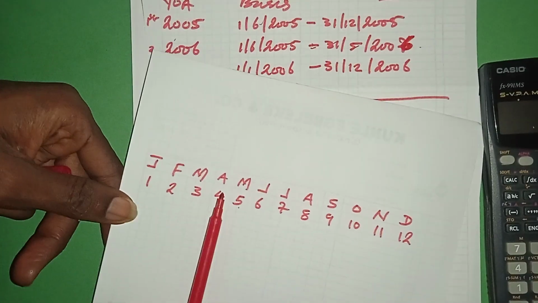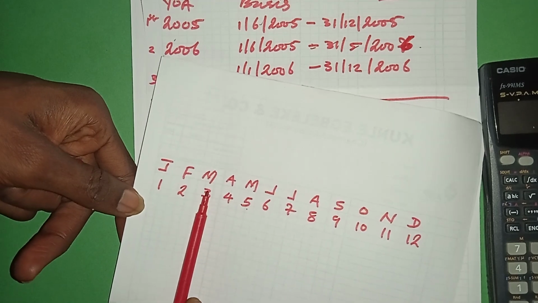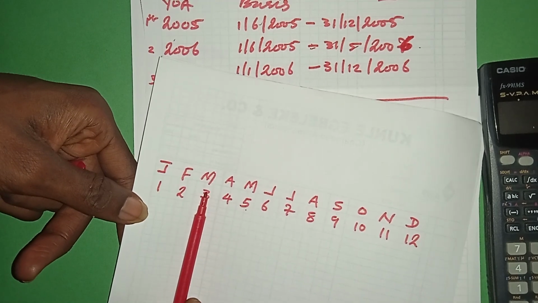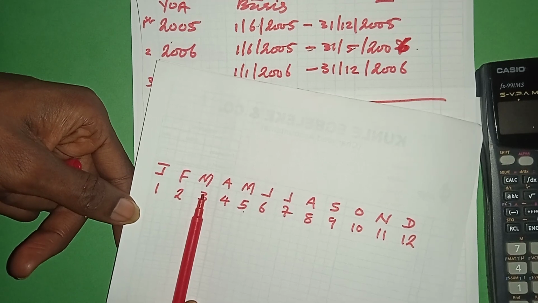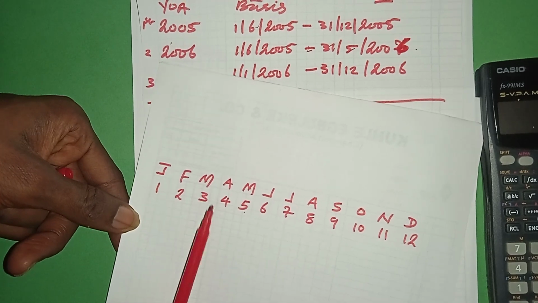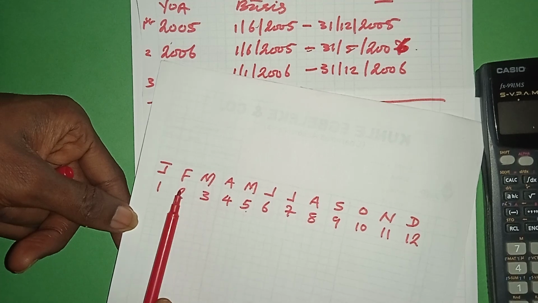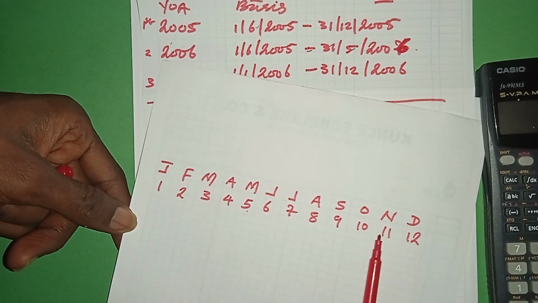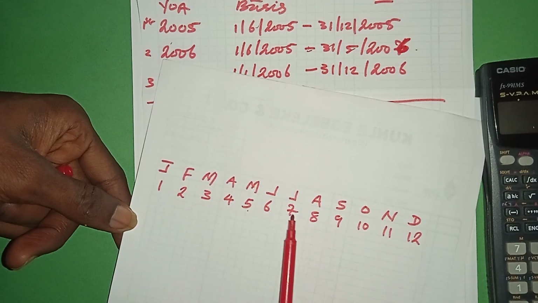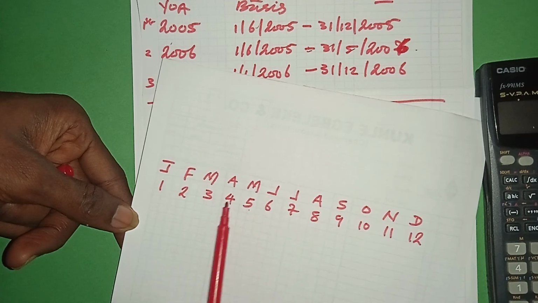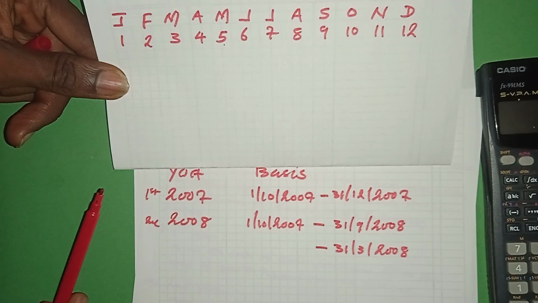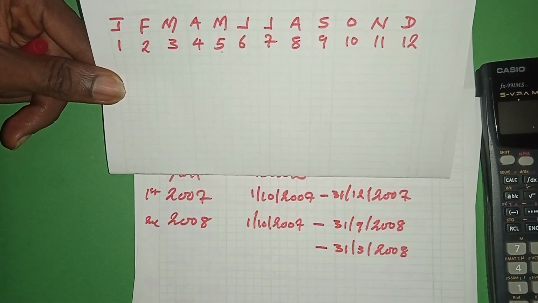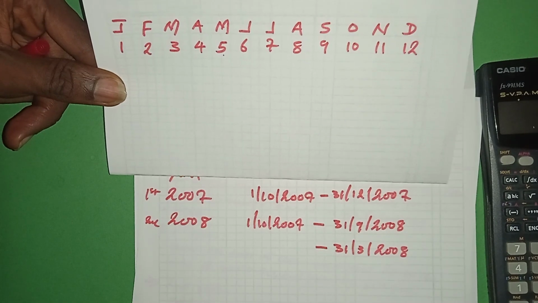When you want to know when they begin, this is 31st March, the end. Let's know where the account started from. This 31st March now, you are not going to count it. There you start 1, 2, 3, 4, 5, 6, 7, 8, 9, 10, 11, 12. Are we in line?